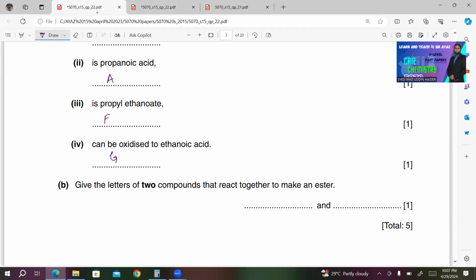B. Give the letters of 2 compounds that react together to make an ester. You can have any alcohol and a carboxylic acid.